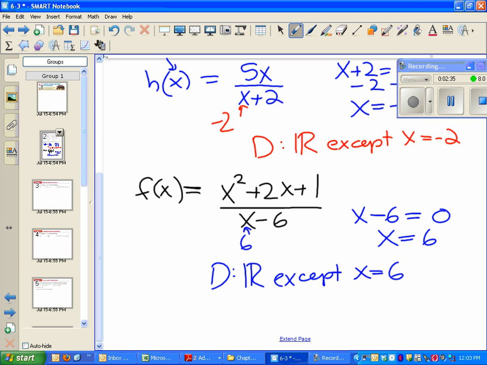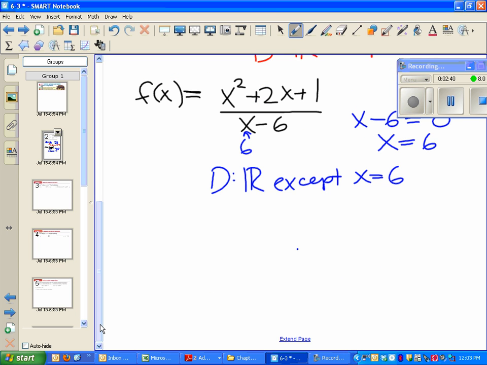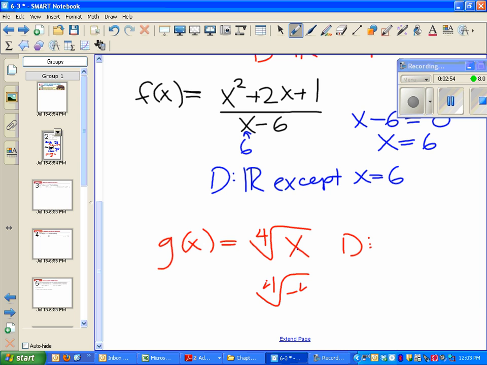So that's a little how domain works. Another example: if our function, let's call it g of x, was equal to the 4th root of x, the domain would have to be, let's see, I can't take a 4th root of a negative number, even something like -16, and get a real number back.